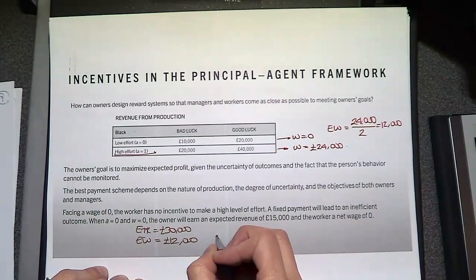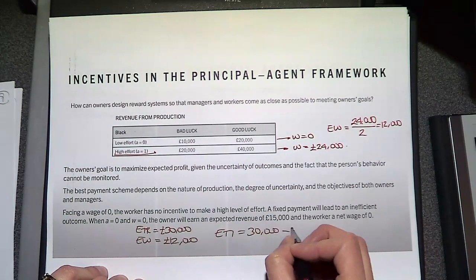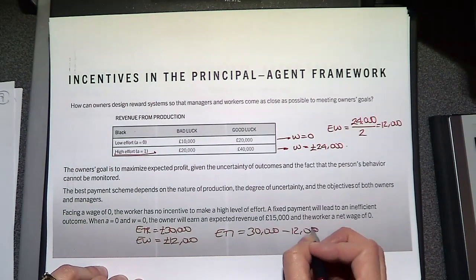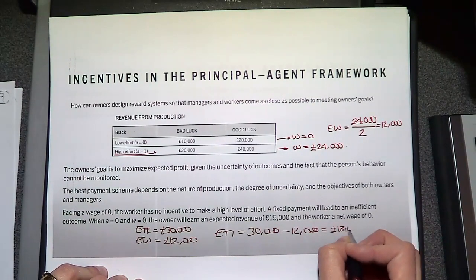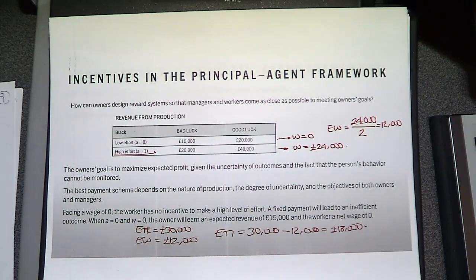The expected profit will be 30,000 minus 12,000, 18,000. Yeah, that's what. So this is expected total revenue, and he pays the salary to the worker, assuming that he does a high effort. Okay, so this could be a type of arrangement.